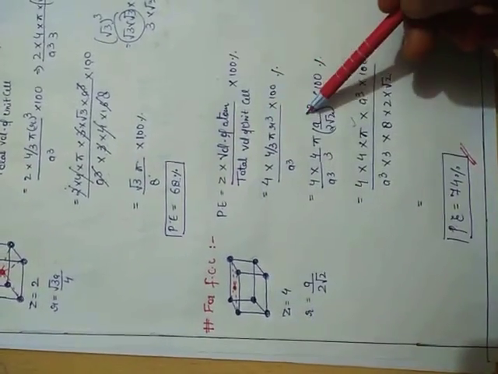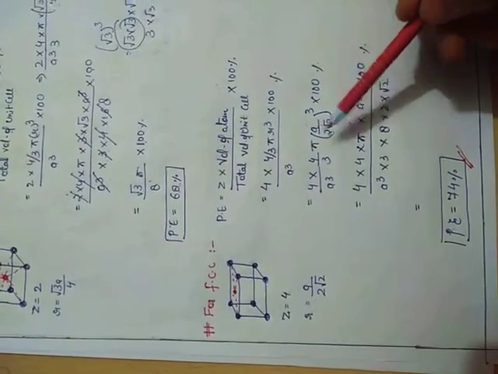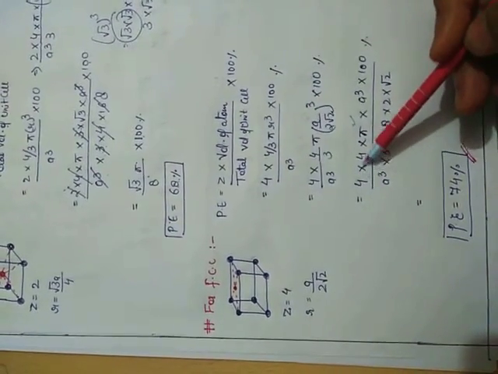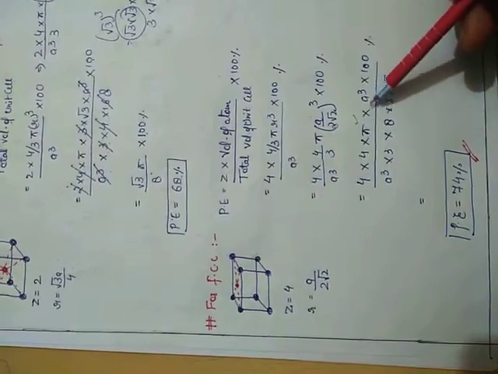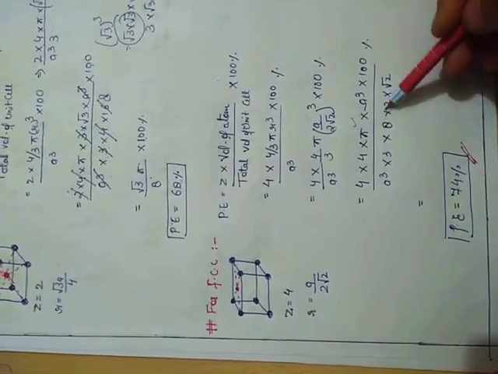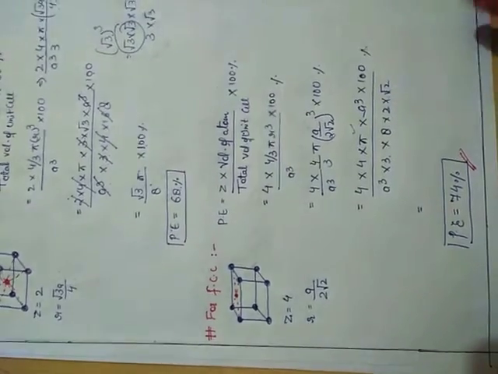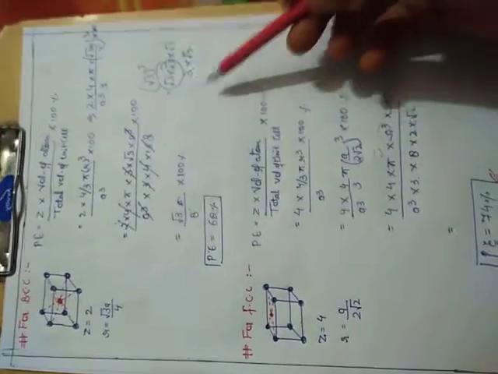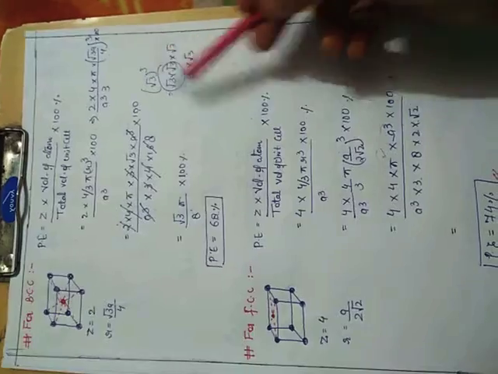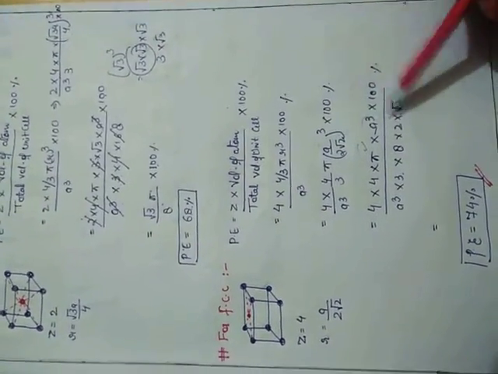If you cube all these values, you will get something like this: 4 into 4 into pi into a cube into 100% upon a cube into 3 into 8 into 2 into √2. This is the same way I did it for the √3 cube, so the same I have done with the √2.